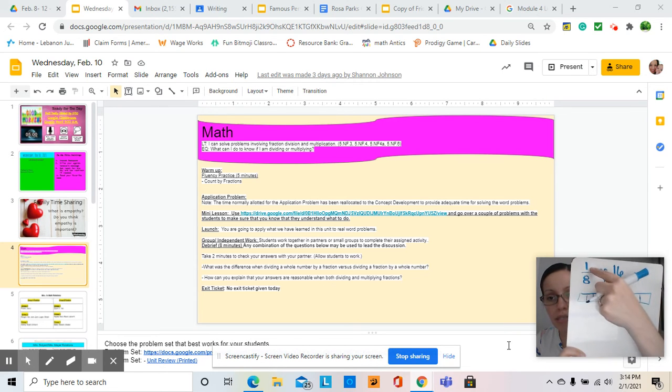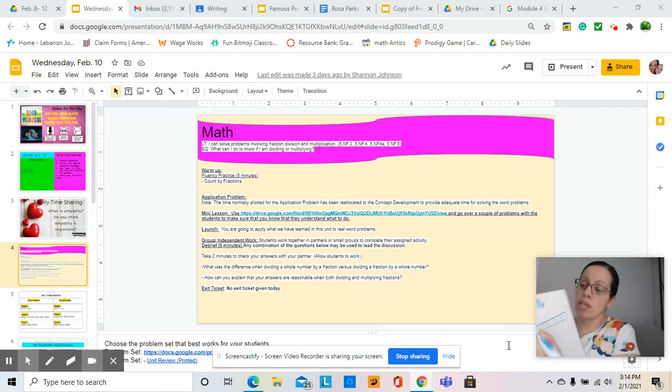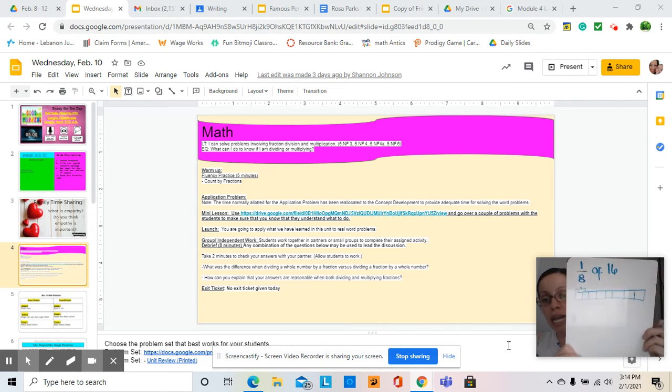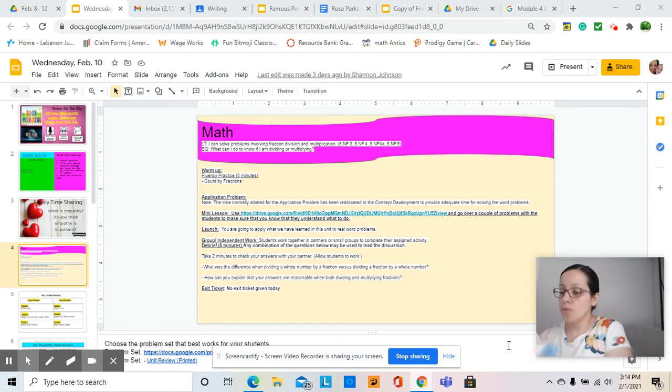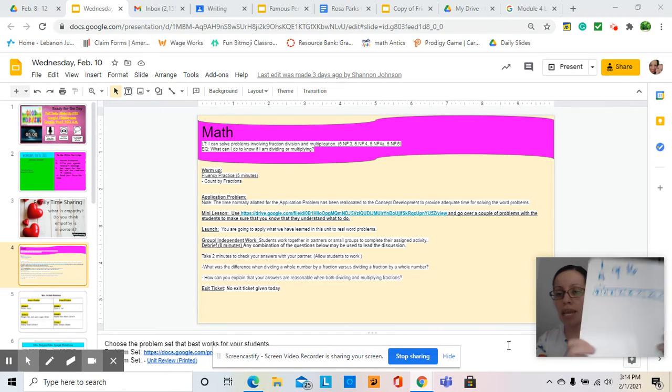So I'm only focusing on what one group has. Then I have to distribute the 16 evenly into all of these. Okay? So once I do that, you will notice that you will have 2 in each.